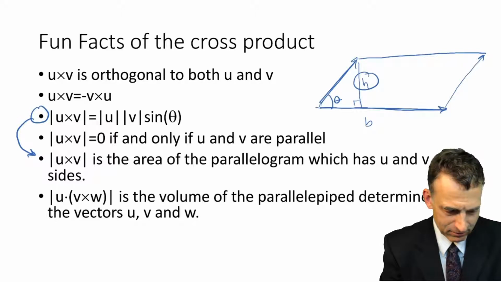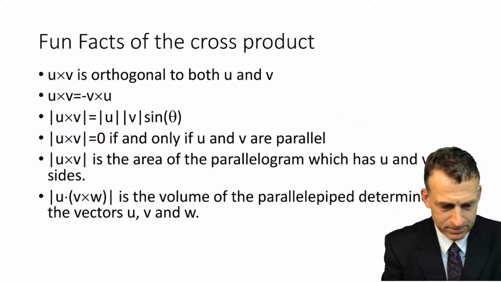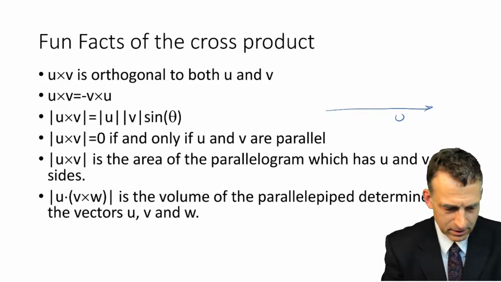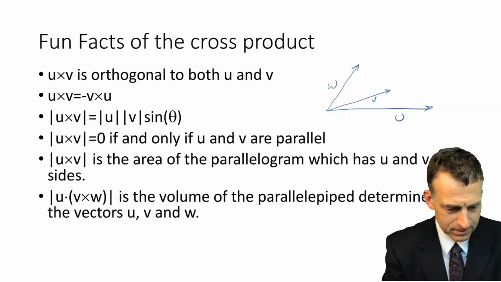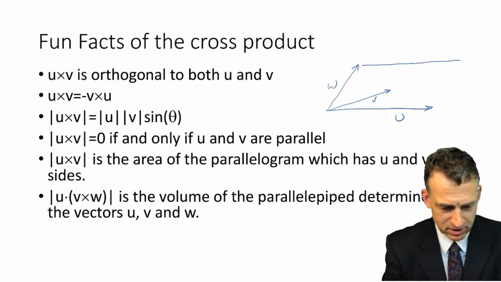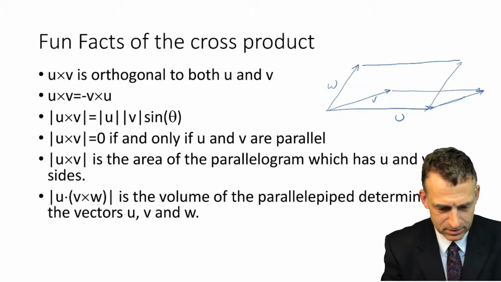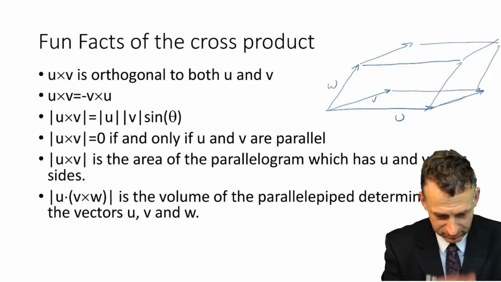Let me make a new drawing here. We have u, and I'll put v going back into the screen, and then here's w. Imagine this is the front face of the parallelepiped, and each of its sides are these vectors.